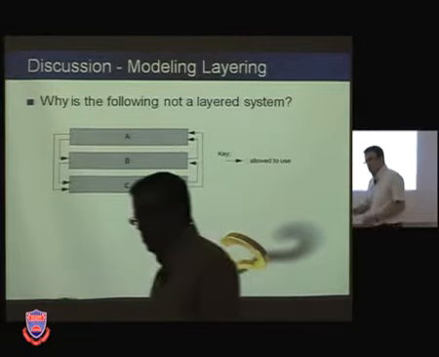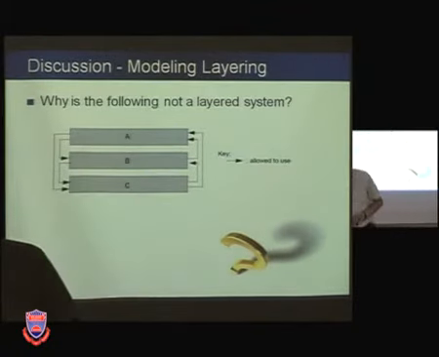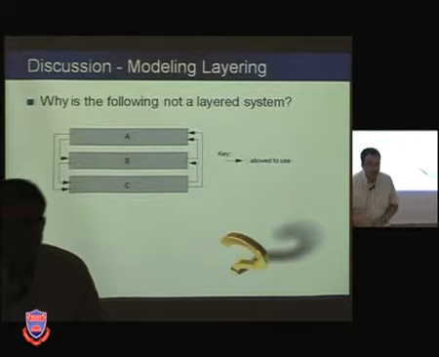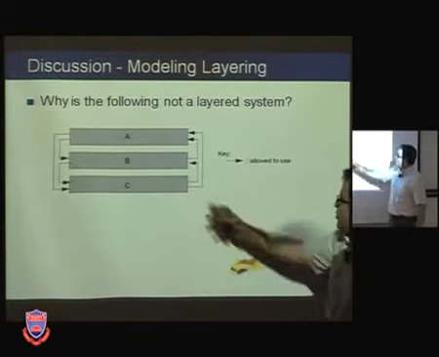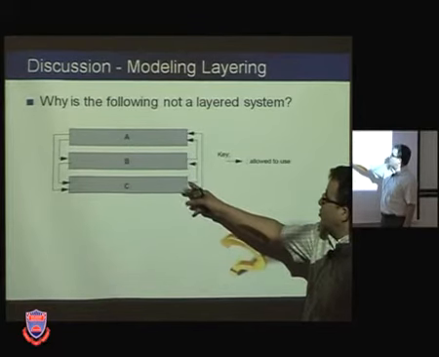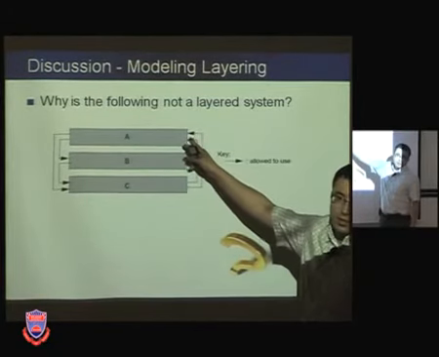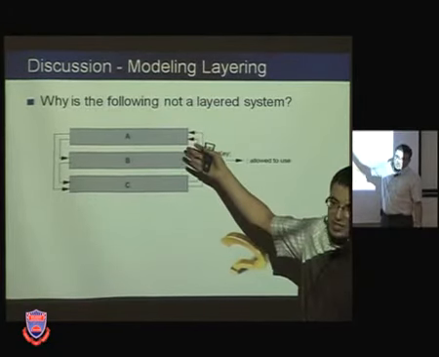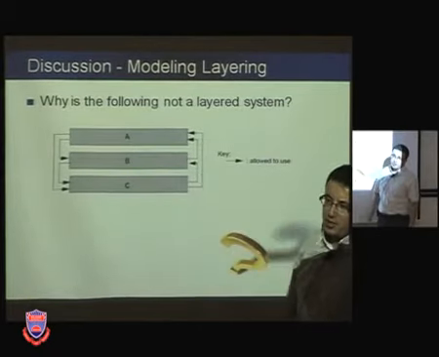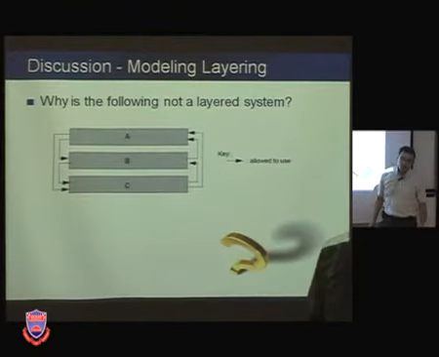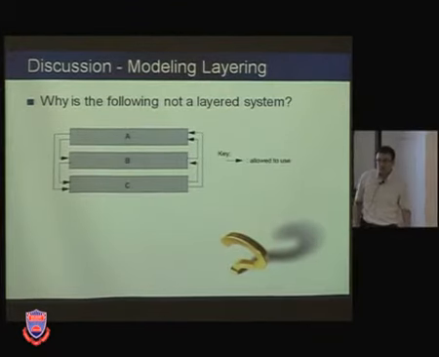Why is it not? C knows B, B knows A. One violation, C is allowed to use A, but we said lower level layers are not allowed to use higher level layers. You break the constraint, the rule.